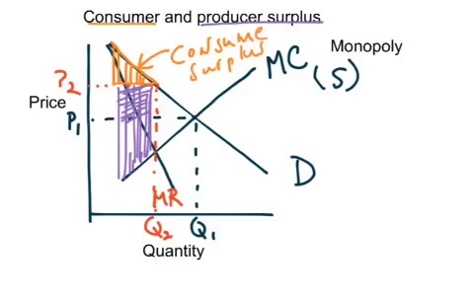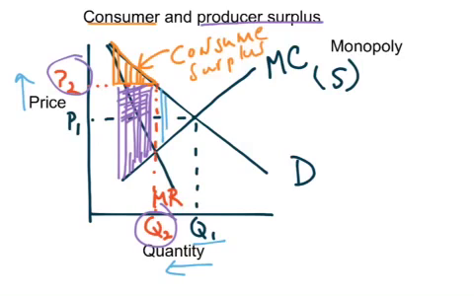Now, the monopolist charges price 2 and produces at quantity 2. So that gives us something else here, which is that they're not producing at quantity 1. They've decreased their quantity and they have increased the price that they're charging.